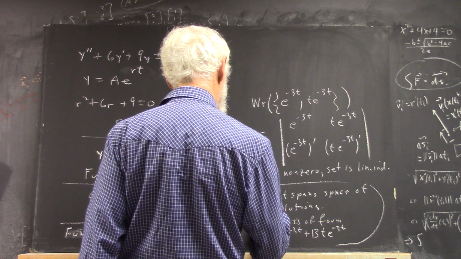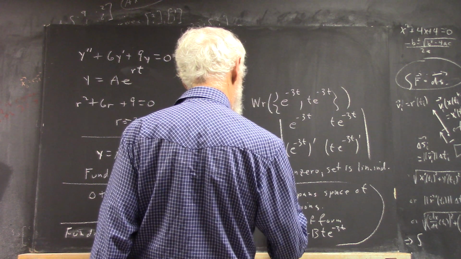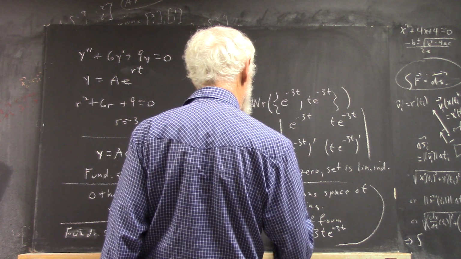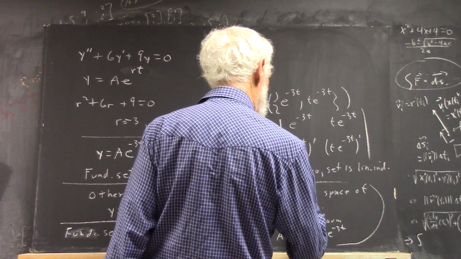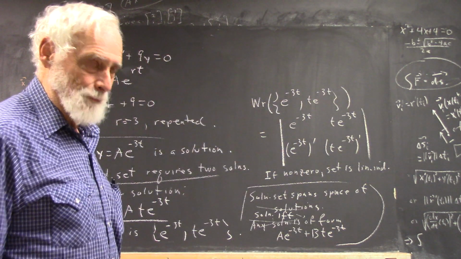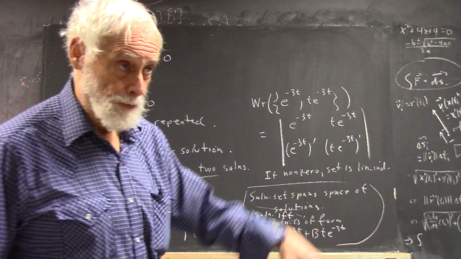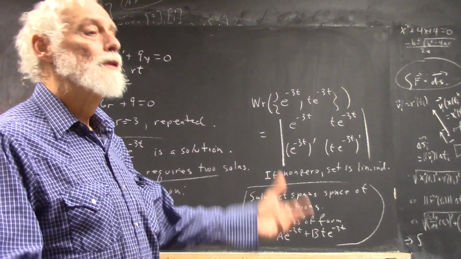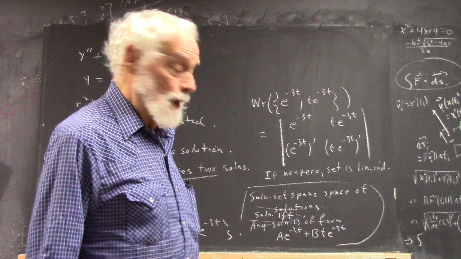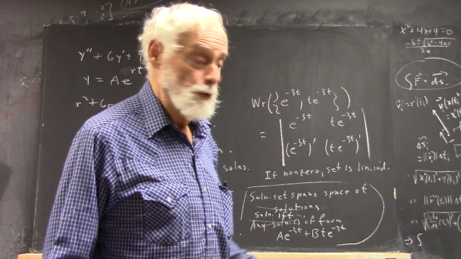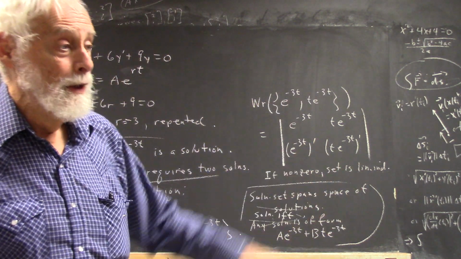So I'll say it's a solution if and only if of this form. Now it means that if it's a solution, it's of this form, and if it's of this form, it's a solution. So every solution has to have this form. Anything of this form is a solution, where A and B, of course, are implicitly constants.